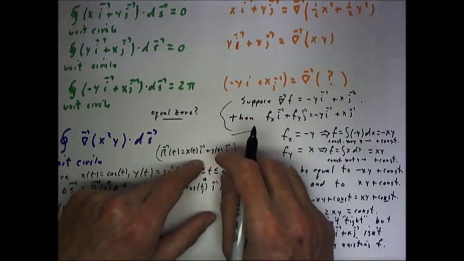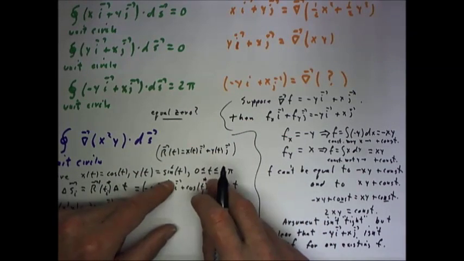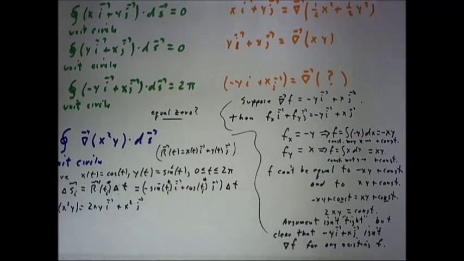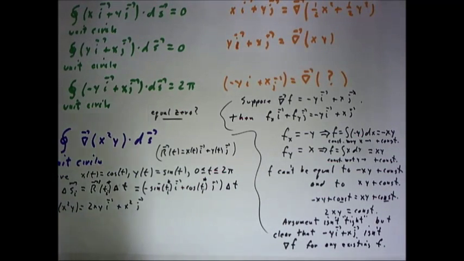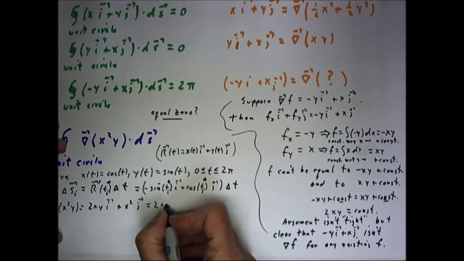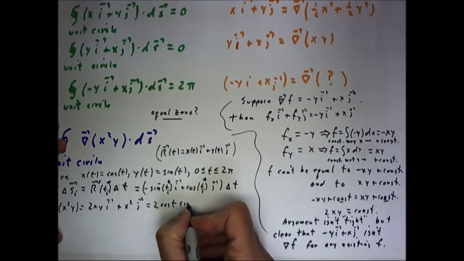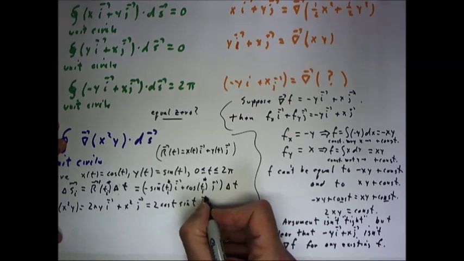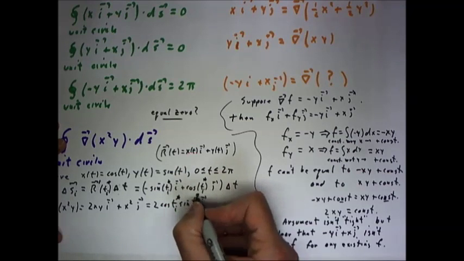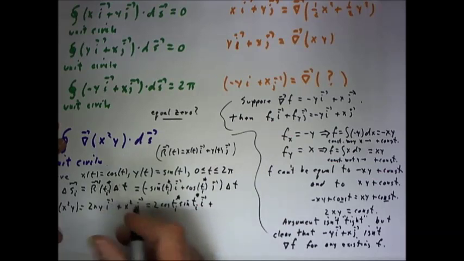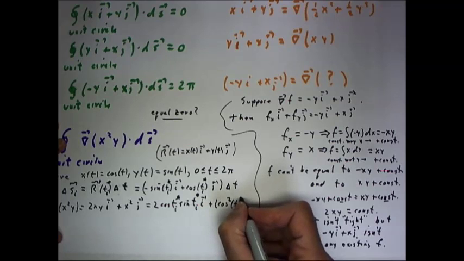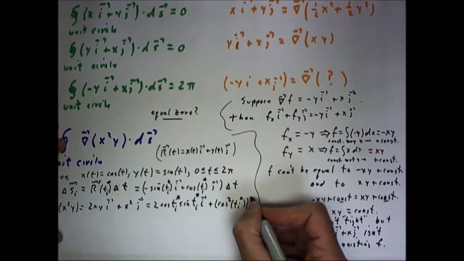At the point ti, with this parameterization, we get: xy is just cosine t sine t, so 2 cosine t sine t times i, where t is evaluated again at the sample point ti star, plus x squared j, which would be cosine squared of ti star times j.